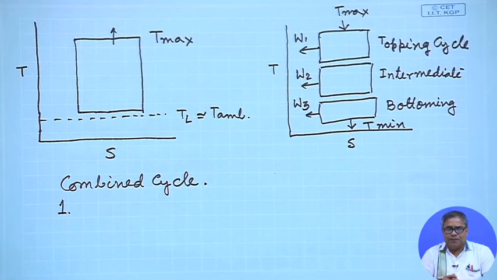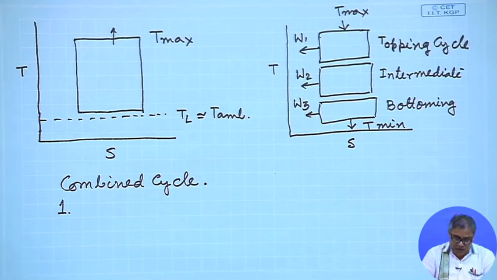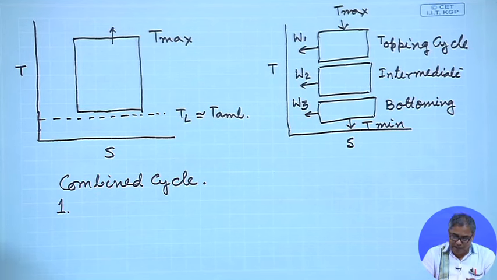Generally, I have shown for example 3 cycles, but the application of 2 cycles, one of them is a topping cycle and another is a bottoming cycle, that is very common. So, what do we need to have a good combined cycle?